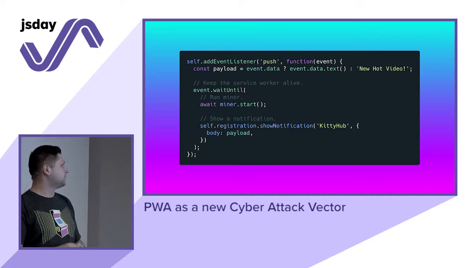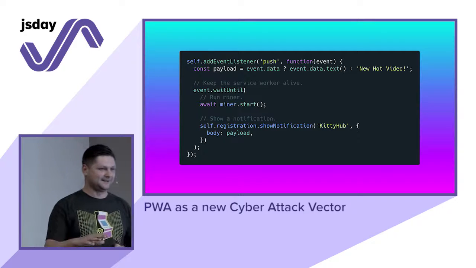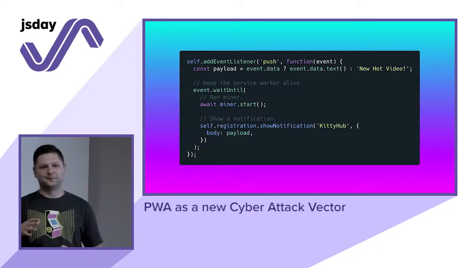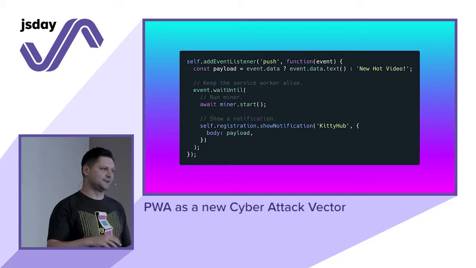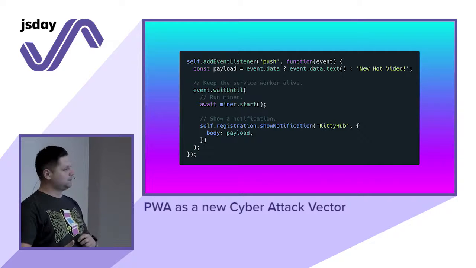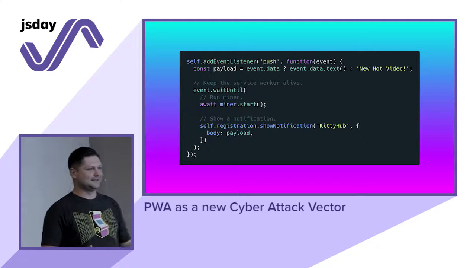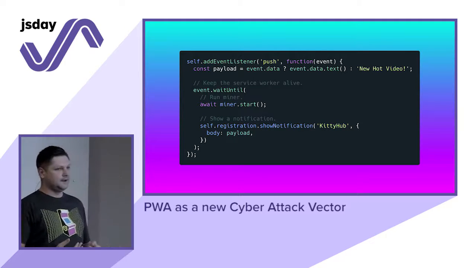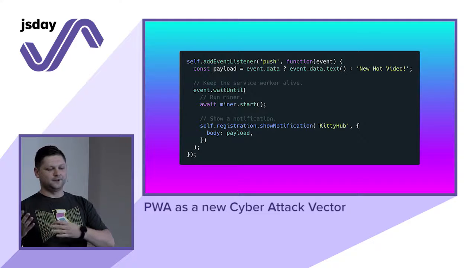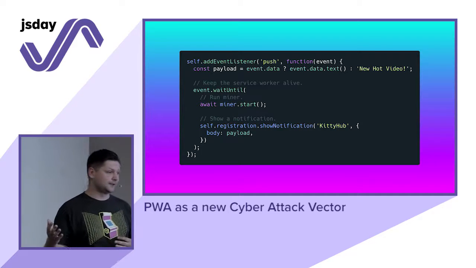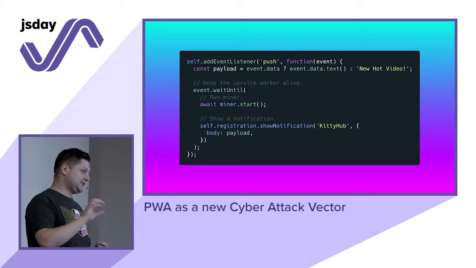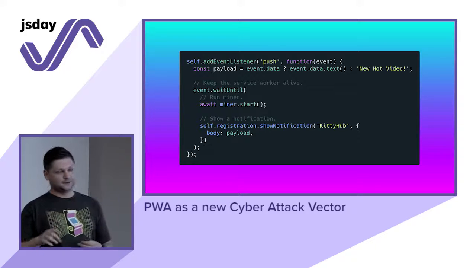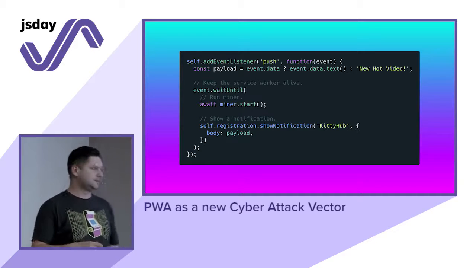Actually, here we're starting it and never stopping. But the browser will anyway terminate the service worker after some time. But it could be good enough to mine some coins, if your resource has a big amount of visitors per day. So with just these small commitments, you can achieve something at least.